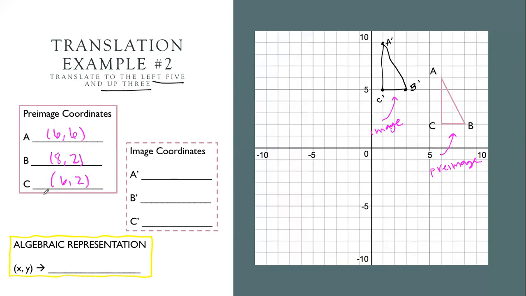Miss, how did you make that coordinate? Good question. So A is right here. So I go on the x-axis first. So A is at 1, 2, 3, 4, 5, 6 on the x, and 1, 2, 3, 4, 5, 6 on the y. So it'll be 6, 6. And like B is at 1, 2, 3, 4, 5, 6, 7, 8 on the x, and 1, 2 on the y. So that's how I read it.